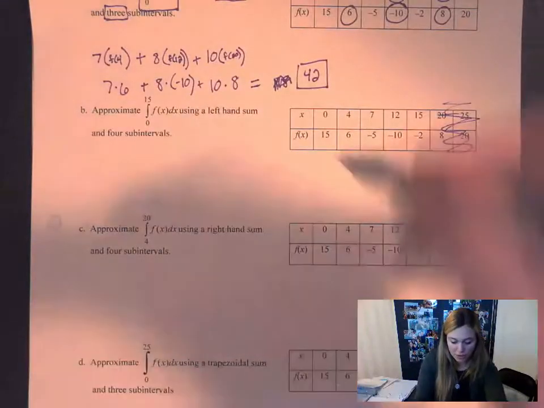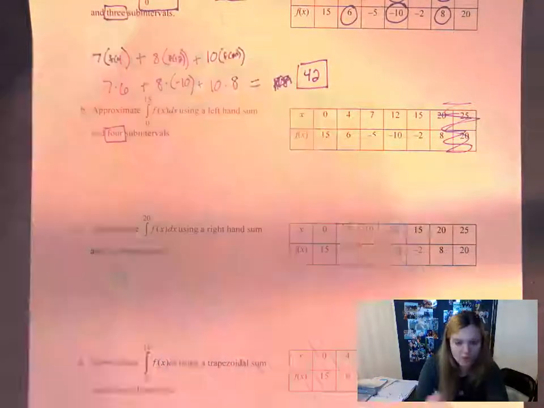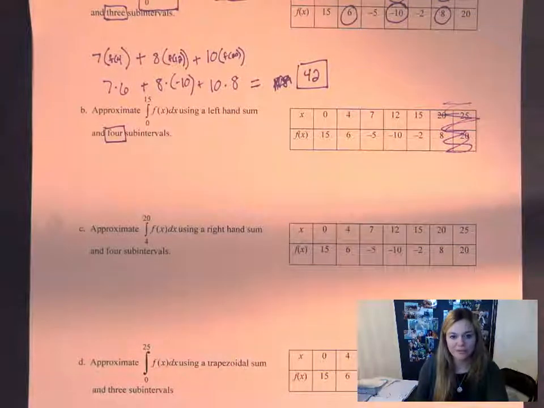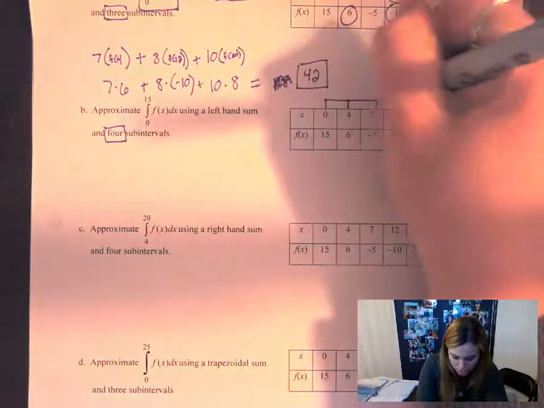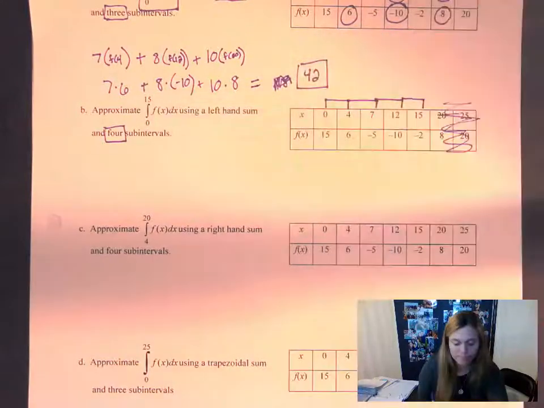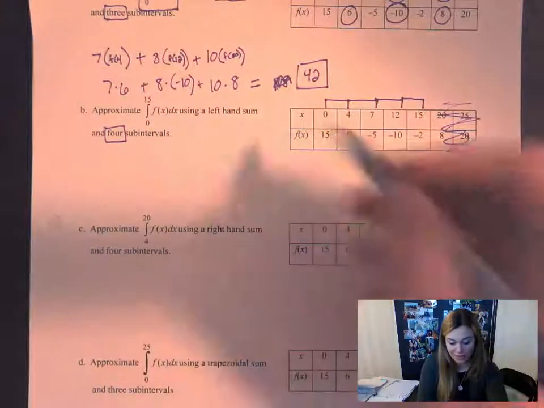So here this has 4 subintervals. So break this into 4 rectangles, or 4 parts, into the table into 4 parts. 1, 2, 3, 4. It's okay that these are all different.